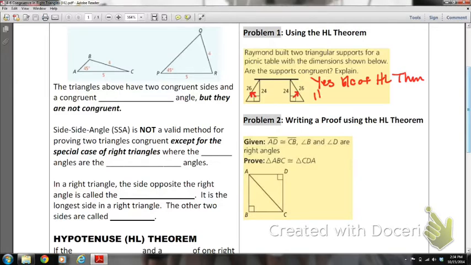The hypotenuses are congruent because 26 is equal to 26. And one pair of legs are congruent. The legs are 24 and 24.